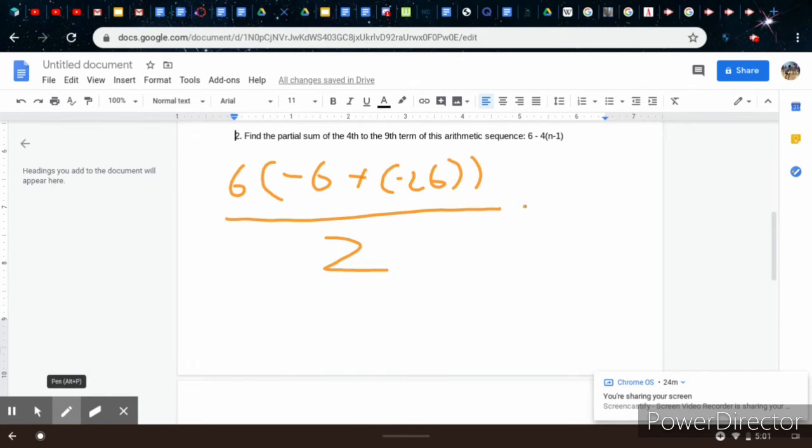So let's first find this. I'm going to use a calculator here. So that's negative 32 times 6, that equals negative 192, divided by 2 equals negative 96. So that is our answer.